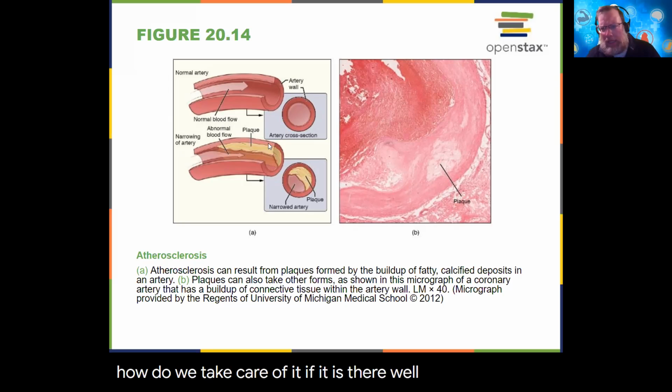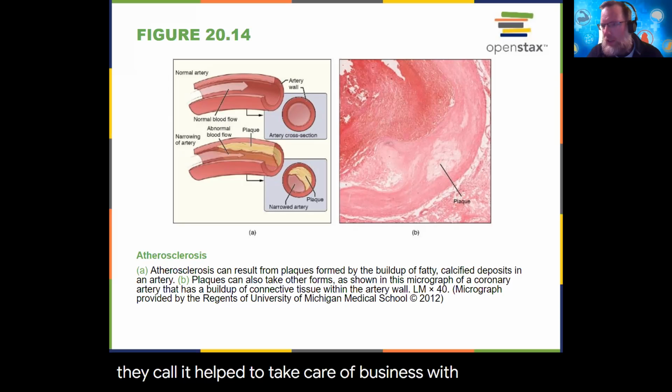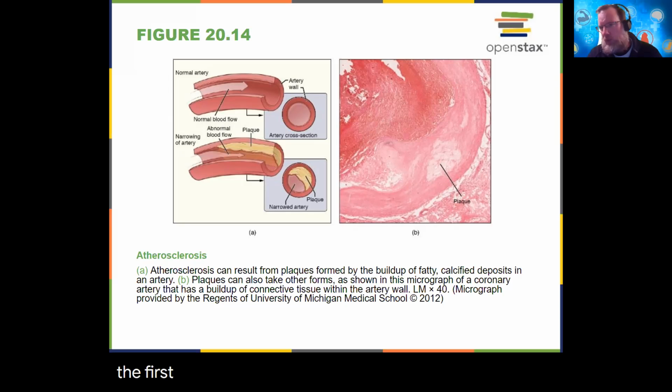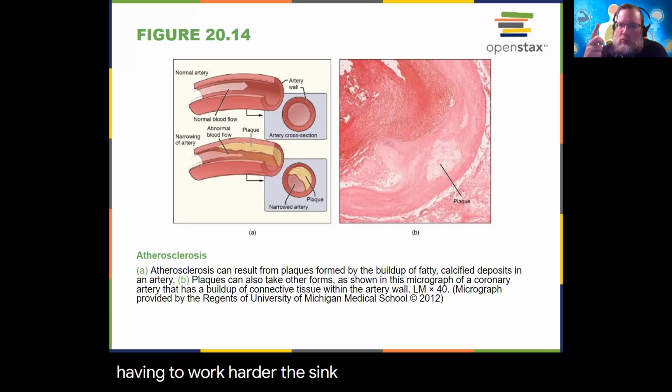Well, again, we could get you on some cholesterol drugs, what they call statins. There's a whole class of drugs that help to take care of business with the cholesterol and help keep those levels down. So that's the first thing we'll try. The other thing, we know that if you do have cholesterol problems, you probably have some blood pressure issues, because again, the heart's been having to work harder, thus increasing pressure, thus creating maybe new set points, all because we've got some plaque buildup in the heart.